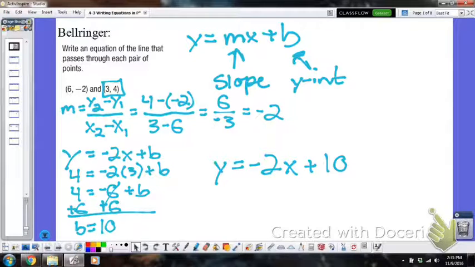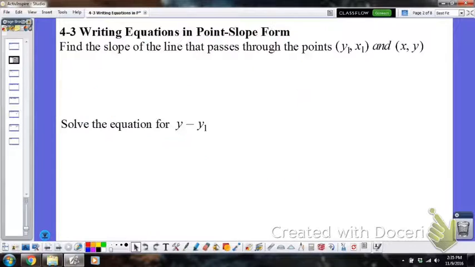We're going to look at today another way to write an equation when given 2 points. So let's start by finding the slope of the line that passes through the points (x1, y1) and (x, y). To do that, I'm going to use my slope formula again. My second minus the first for my y's, and the second minus the first for my x's.